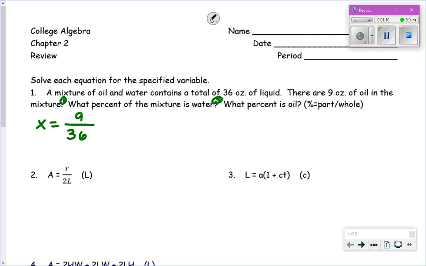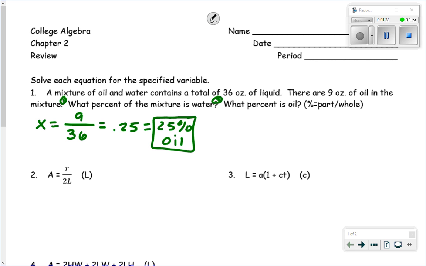I'm solving for percent here, so I don't want to reduce a fraction or anything like that. I need to actually simplify it. So in my calculator, I'm going to do 9 divided by 36, which is 0.25. Again, it's asking for percent, not a decimal, so I need to change that to be 25%. And then I need to label it. What does 25% represent? It represents oil. So that is answer 1.